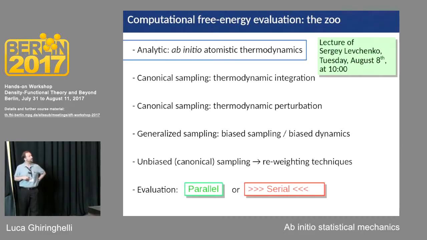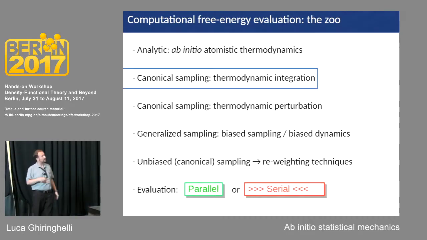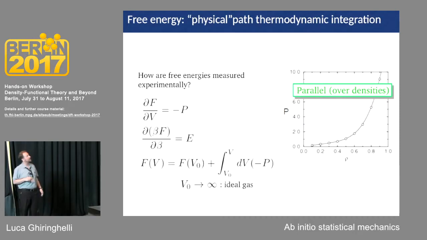And I will put a stamp of merit that I think can be useful when methods are inherently parallel, in the sense that you can do several independent calculations in order to get your free energy. They are good, while if you have to do it in sequence, this is less good because you are not exploiting the parallelization that is something we like to do these days.